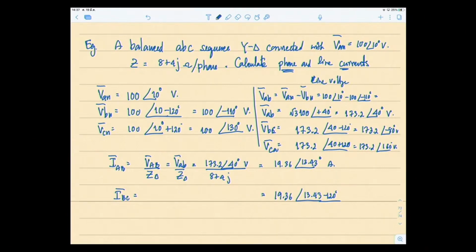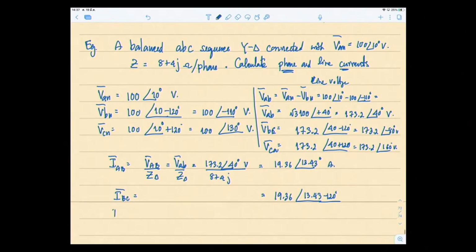And your ICA, well, of course you can do it mathematically. ICA would be the line voltage VCA divided by 8 plus 4J.